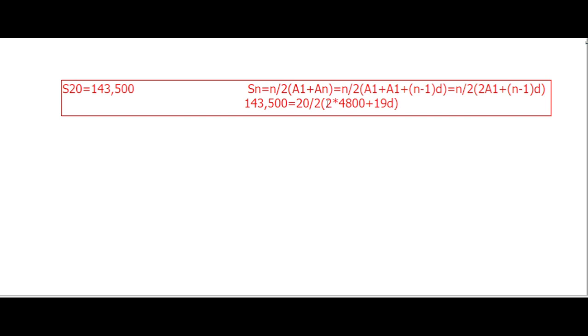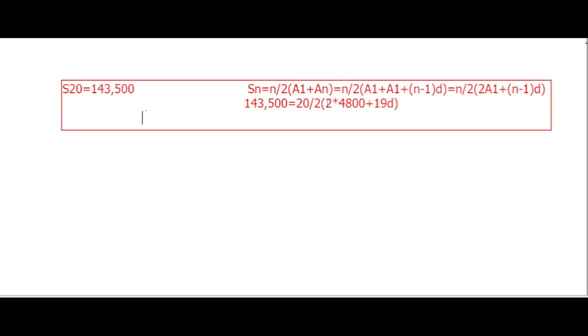This is equal to 143,500, which is equal to 20 divided by 2, that is 10, times (2 times 4,800, which is 9,600, plus 2 times 19d).